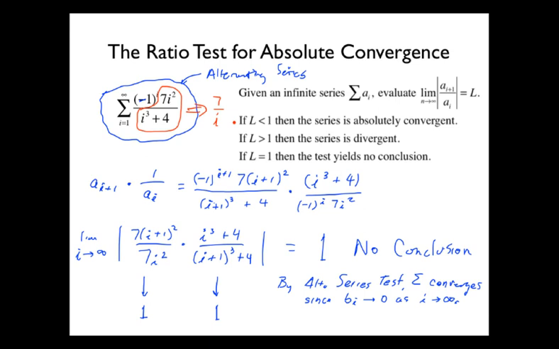Does 7 over i converge? No, this is 7 times the harmonic series, which diverges. So, is this thing conditionally convergent or absolutely convergent? Conditionally converges.